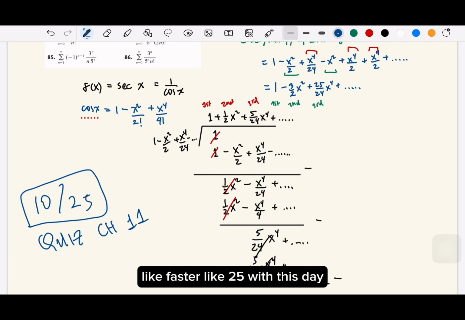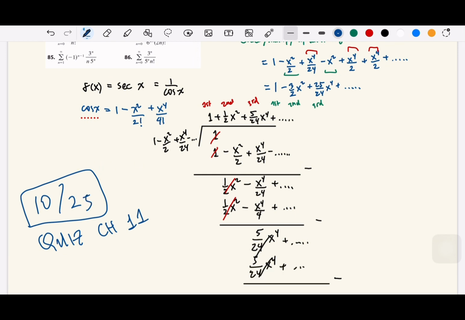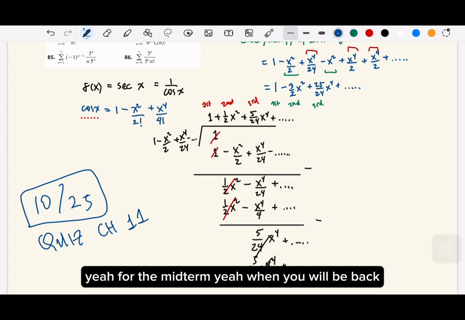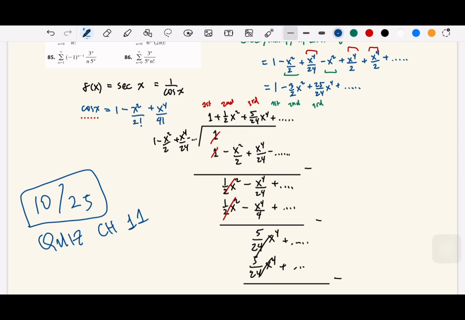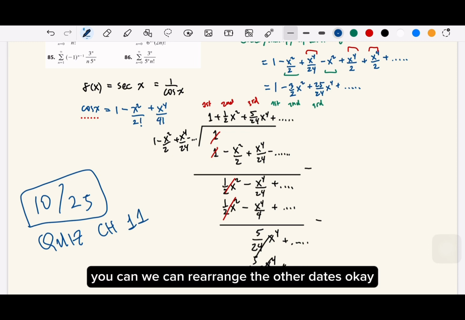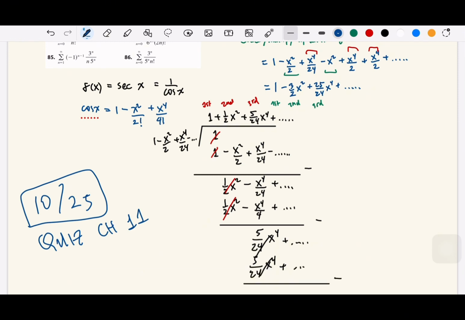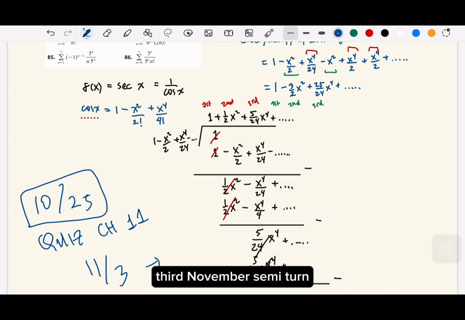Like 25 Wednesday. Yeah, for the midterm. When will you be back? 5 November. Okay, still okay. We can rearrange the other dates. And the 3rd November, some midterm.